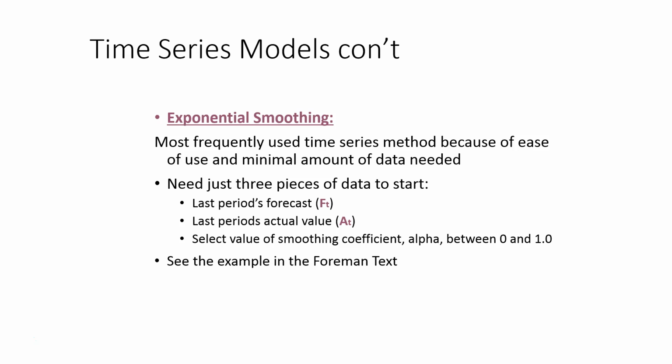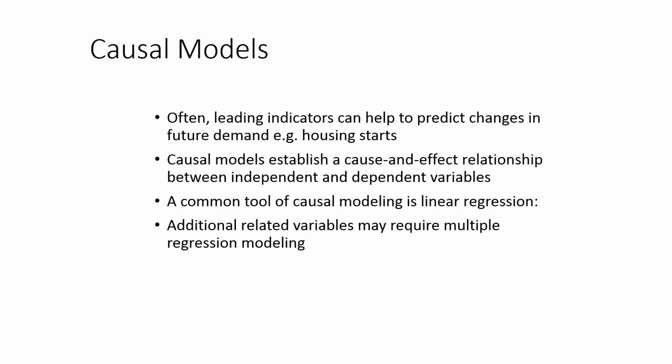This actually is a rolling or a moving average as well. It just goes month to month or period to period. So if we're focusing on the next quarter, we're going to look back at the past quarter. We're going to look back at what we projected for that past quarter and what the actual was, and we're going to use that to determine what our likely variation is going to be for the coming quarters. And if you really want a lot of detail about this one, go ahead and take a look at that in the forum and text.